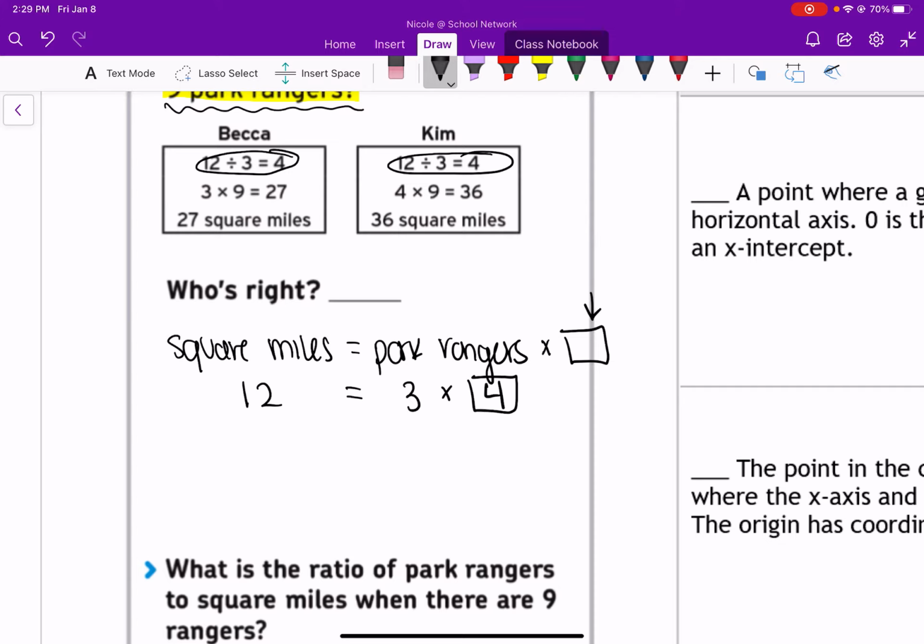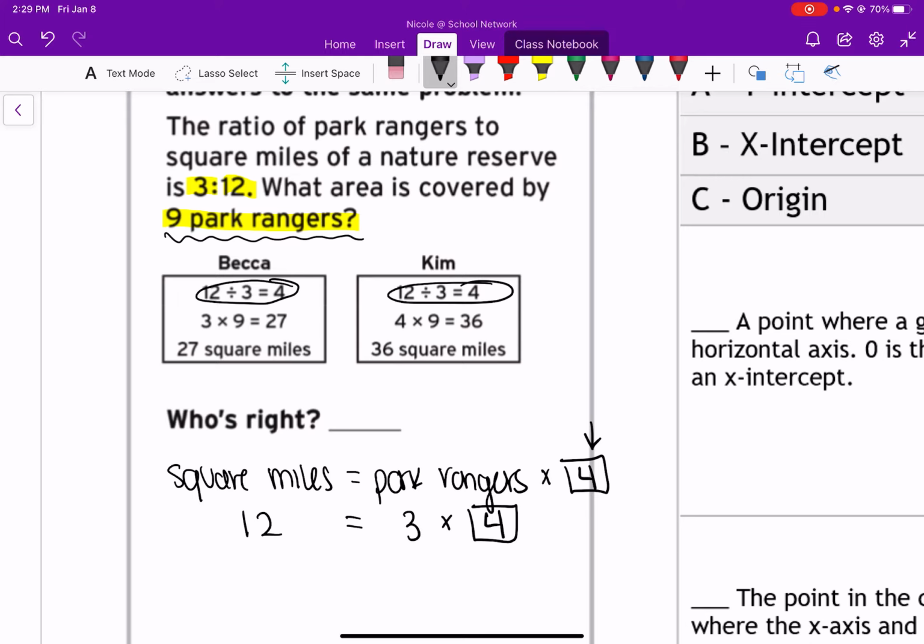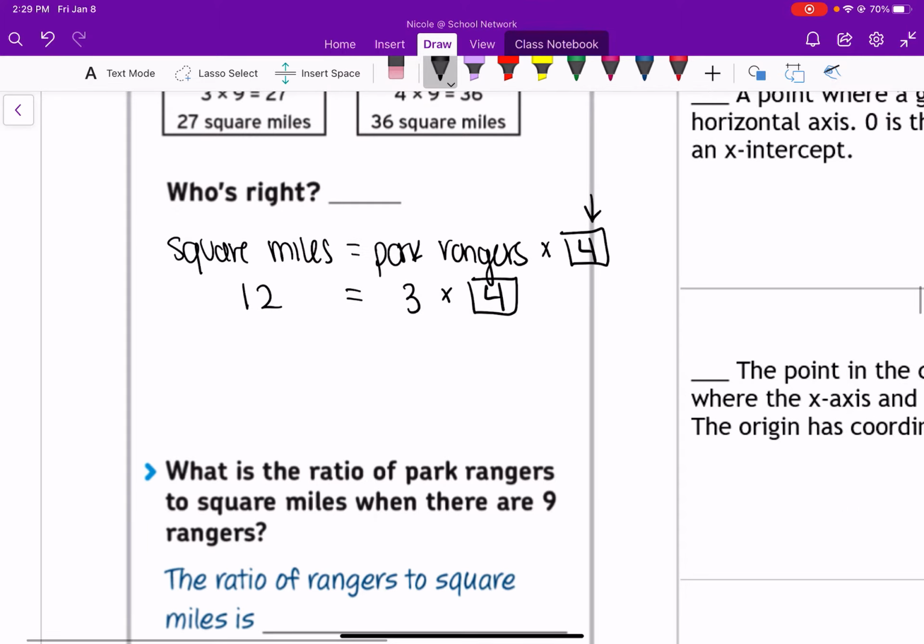Well, the relationship between park rangers and square miles is that park rangers times 4 is the number of square miles, right? So now we answer the question, what area is covered by 9 park rangers? So now, if there's 9 park rangers, 9 times 4 is the square miles. So 9 times 4 is 36.